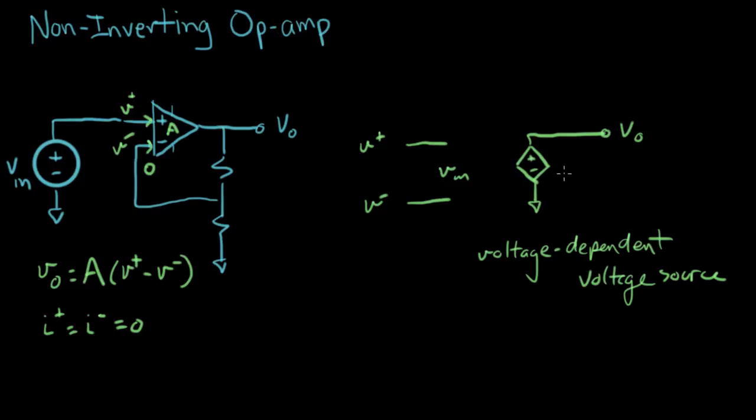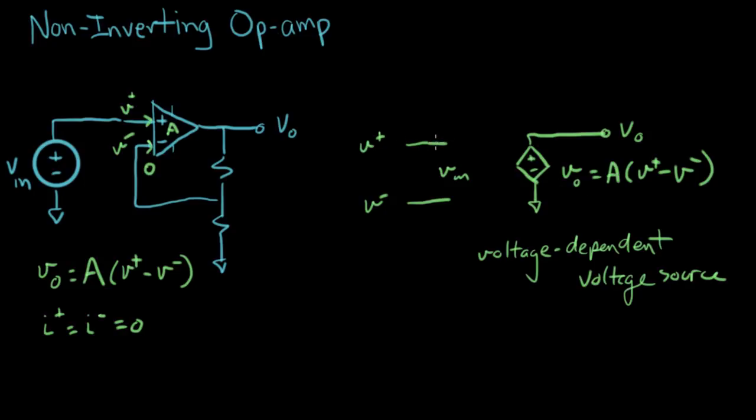It says that the V, in this case V out, equals gain times V plus minus V minus. So the voltage here depends on the voltage somewhere else. And that's what makes it voltage dependent. That's what that means. So we've just taken our gain expression here and drawn a circuit diagram that represents our voltage expression for our circuit.